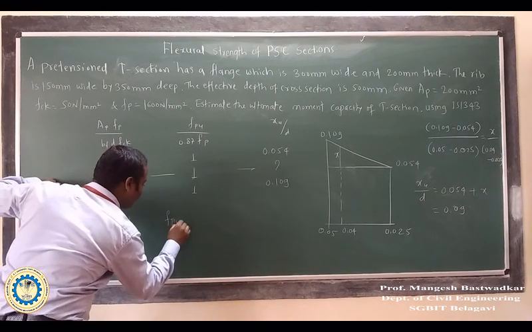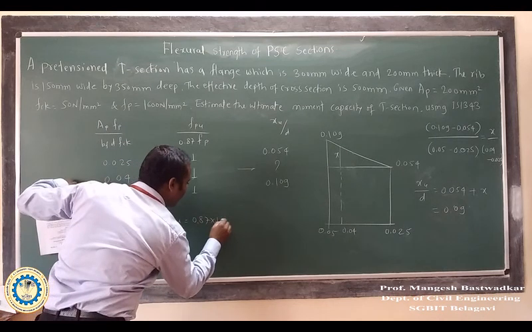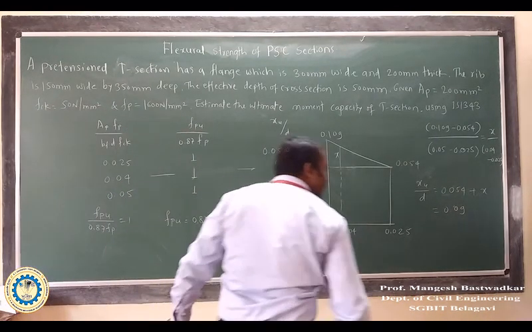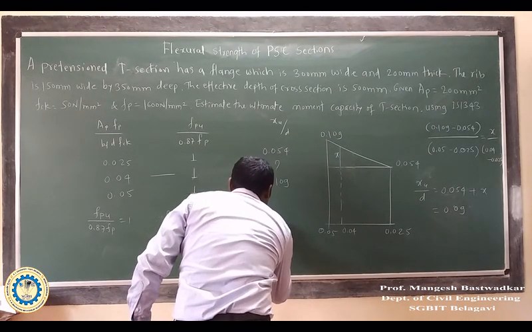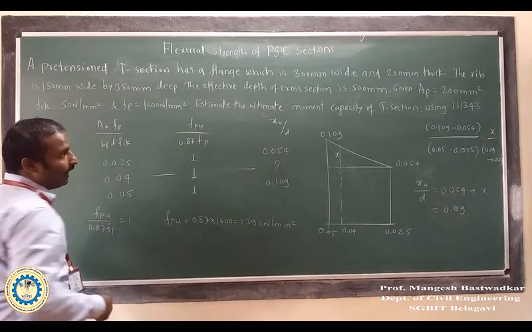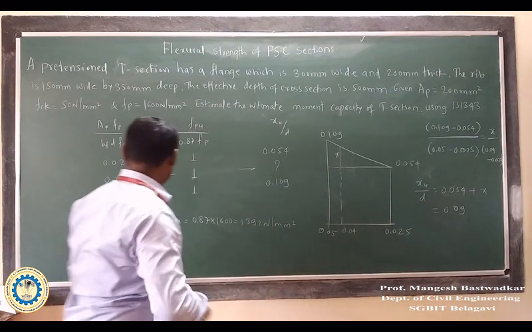Therefore, FPU is equal to 0.87 into 1600, so we get 1392 Newton per mm square. Okay, now we have this value, and this is the XU by D value.